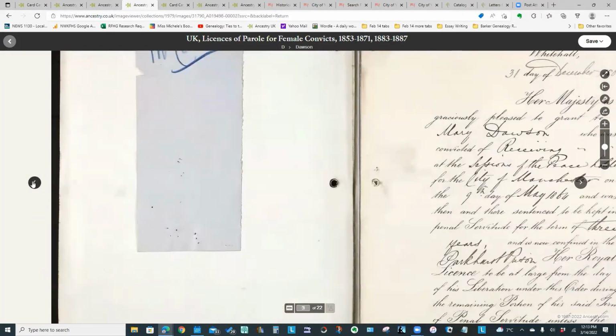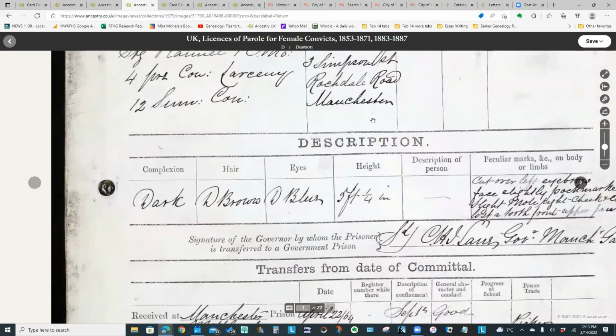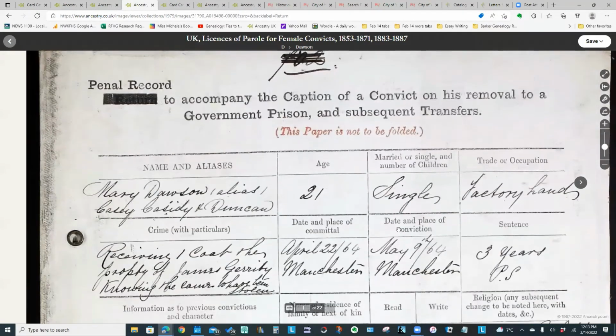The next set of records I looked at, they have these items called licenses for parolees. And I'll just scroll to the first page of this. A license for the parolee was basically kind of like their safe passage or get out of jail free card, if you will. When a prisoner had served a certain amount of their time, and I guess if they had demonstrated good behavior, because the jails were so crowded, the officials might decide to let them out early.